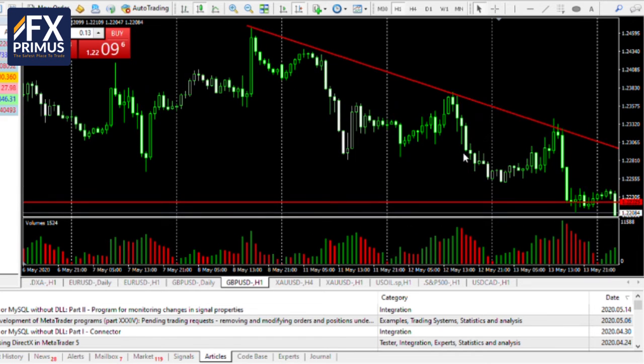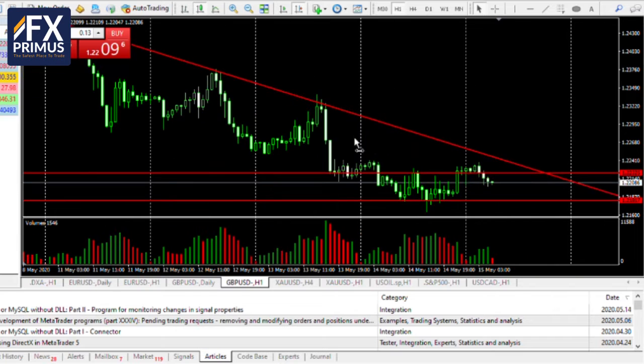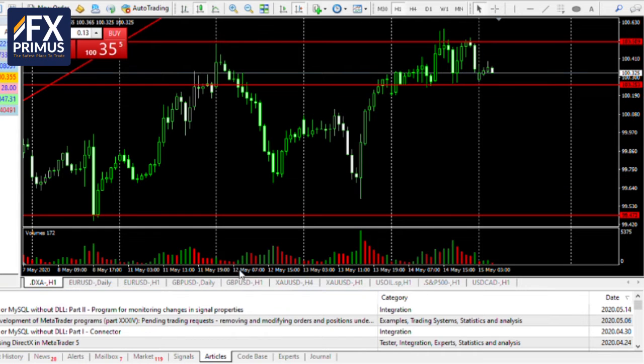So a lot of very nice movements and opportunities have already occurred during the first 3 to 4 days of the week. So today the market for the UK pound may just be a bit different compared to the first few days. So that was the US dollar and the UK pound.